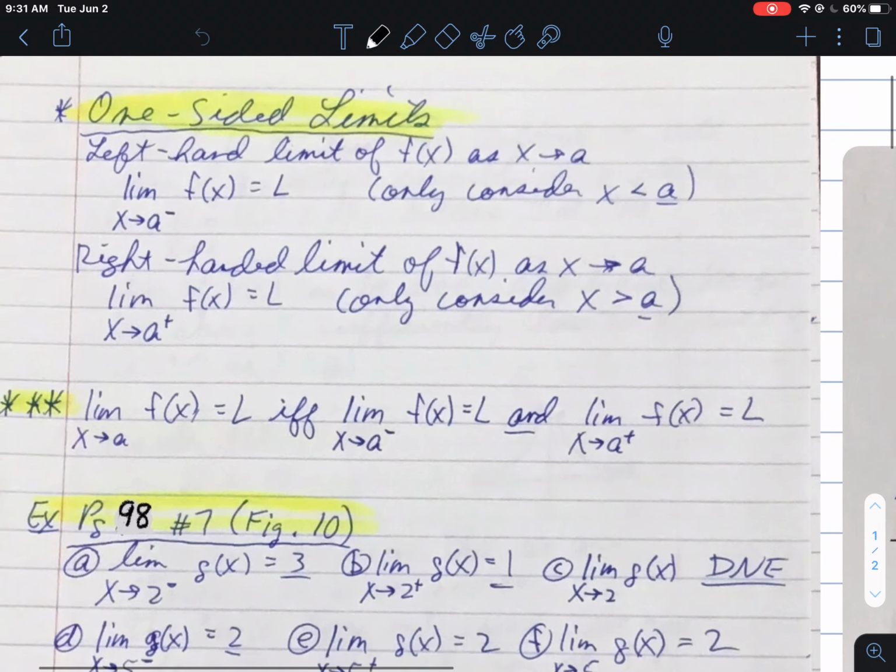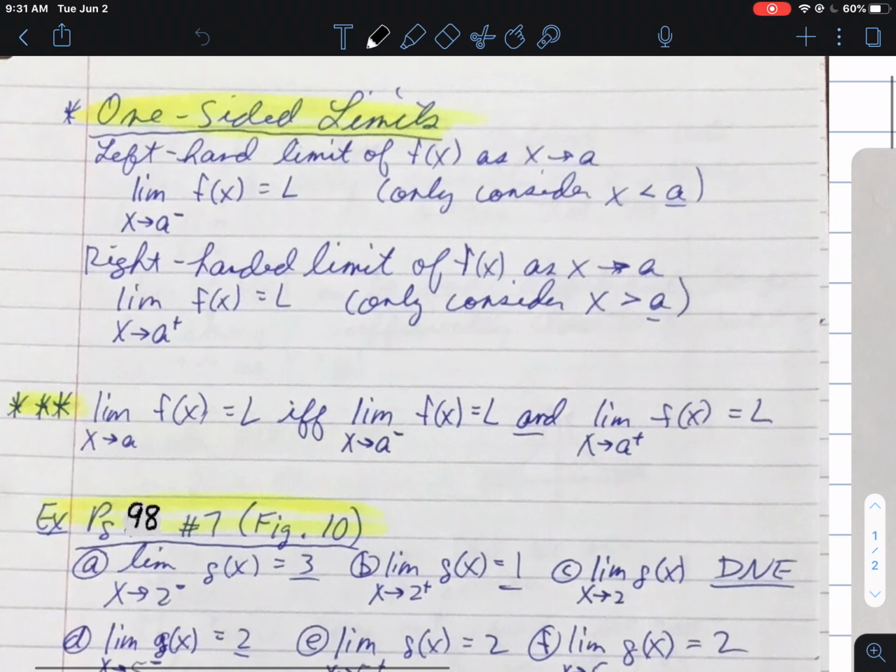Now, the behavior of the function on both of the different sides, as we approach 3 from the left and as we approach 3 from the right, in that previous example, we had two different behaviors. And we keep saying that we want to evaluate the limit by looking at what happens from both sides. Well, in some cases, we're only going to be interested in what happens on one side.